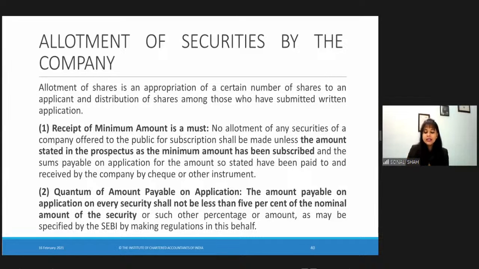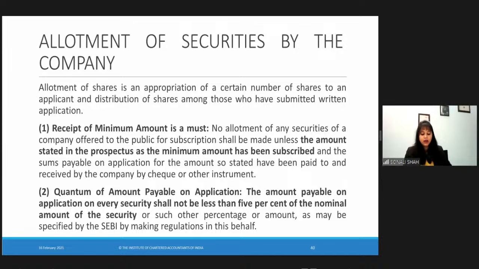Now, what is the minimum percentage of application money that has to be received? The minimum is 5% of the nominal amount of the share. This is what is prescribed under law, right? So after the application money and the minimum subscription capital has been achieved. What is the minimum subscription capital here? The minimum subscription is 90% that needs to be subscribed for always, right?